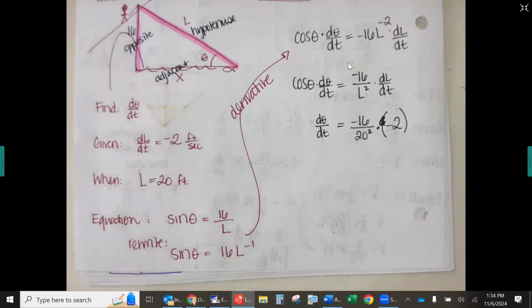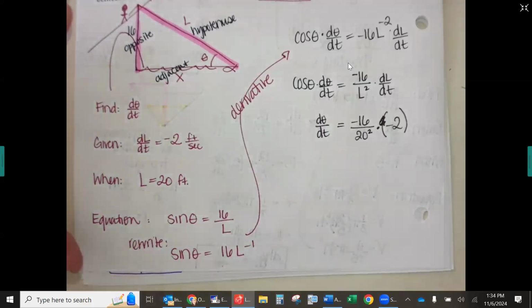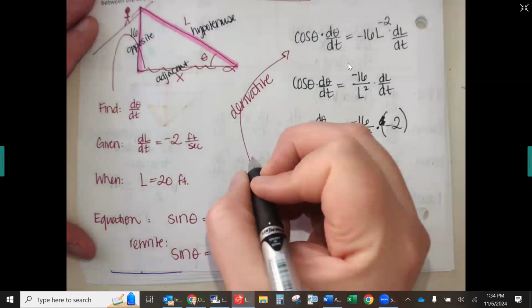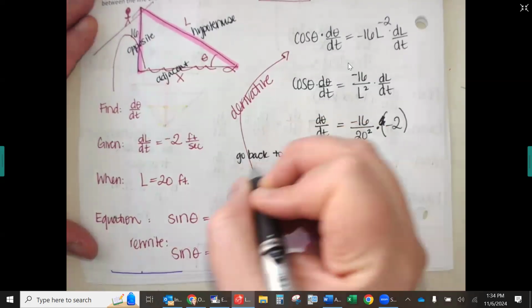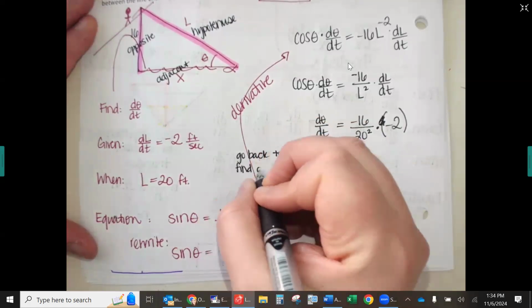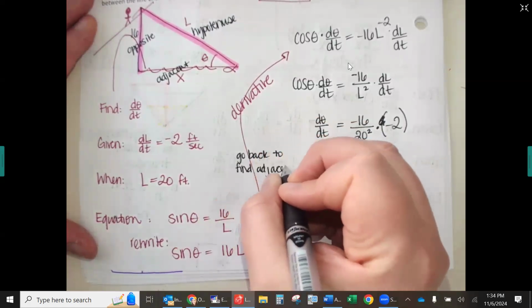Okay, we don't know, but if we know that this is 16 and we know that this is 20, can we find the third side to plug in for A over H? So you're going to do that in your calculator. We're going to have to go back to find the adjacent side.